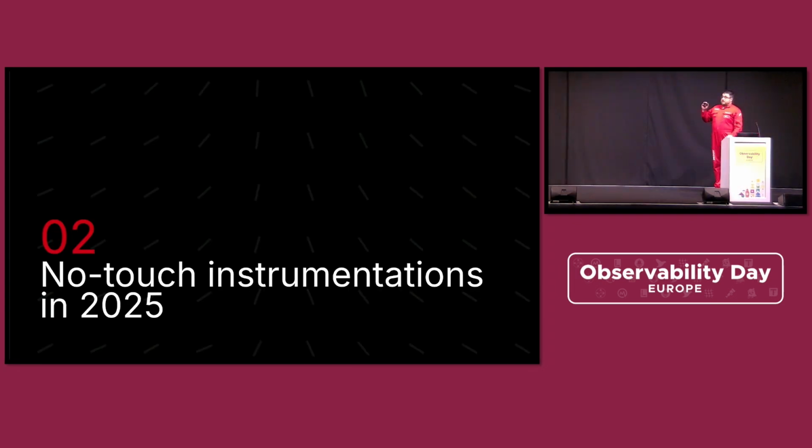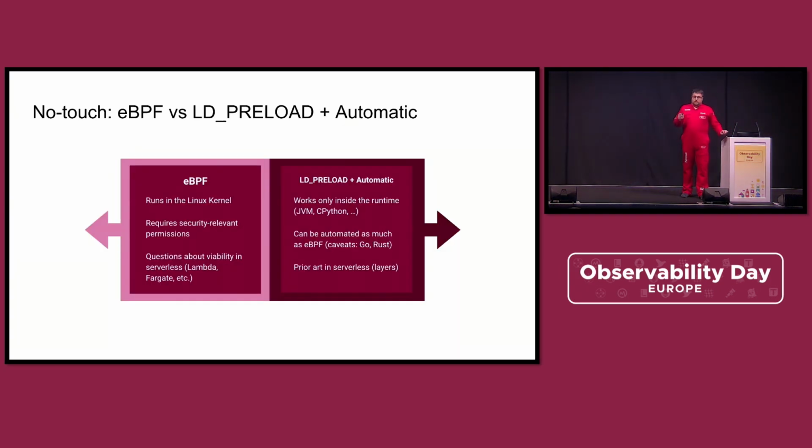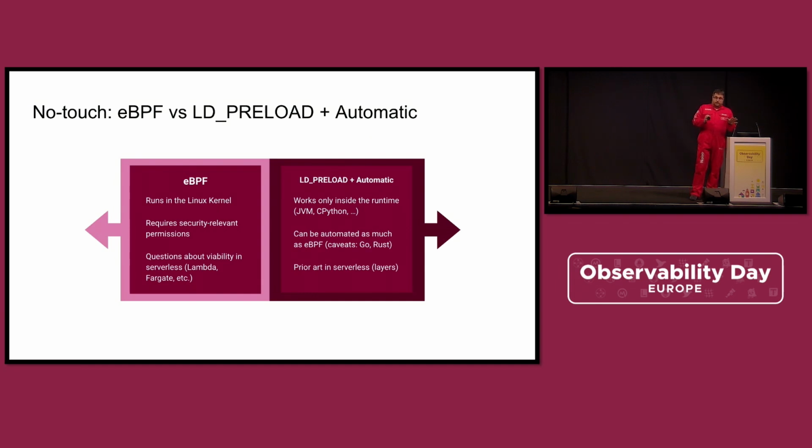So, what is the state of the art of no-touch instrumentations? I'm going to focus on eBPF in what I'm going to talk about today. First of all, I have great respect for the eBPF instrumentation. It's really cool stuff. It has some drawbacks for now in terms of security. You need to give significant permissions. I hope that those limitations can be lifted.